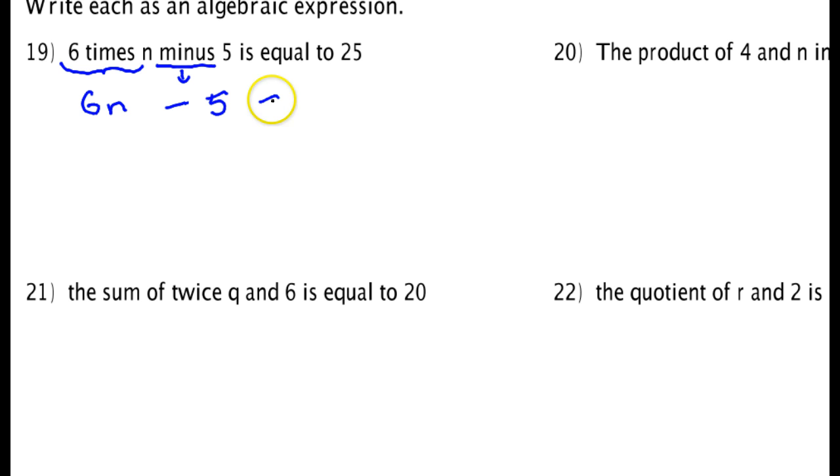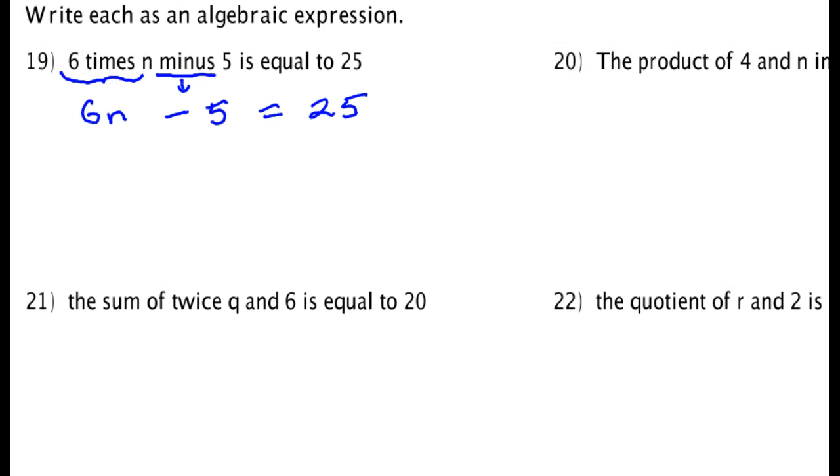is equal to 25. And then, of course, it does say go ahead and solve it as well. So add 5 to both sides. You should be writing this down, by the way, if you're not.